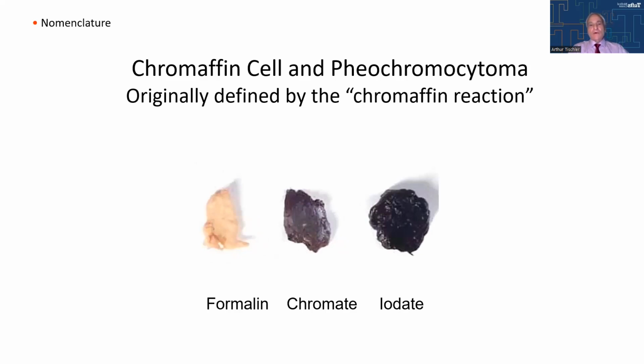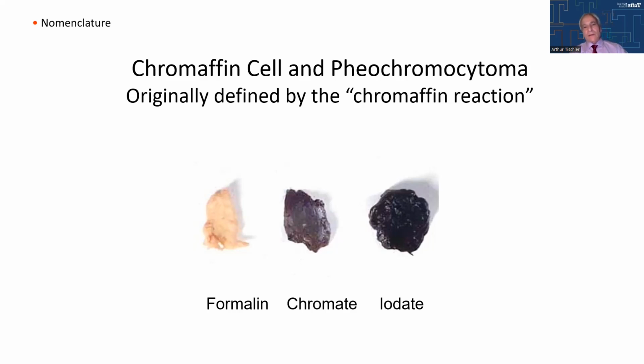Consequently, the term pheochromocyte was invented to describe the color change without connoting a mechanism for it. However, by that time, the terms chromaffin cell and chromaffin reaction had firmly taken hold for the normal tissue, while pheochromocyte was later adopted for its neoplastic counterpart.